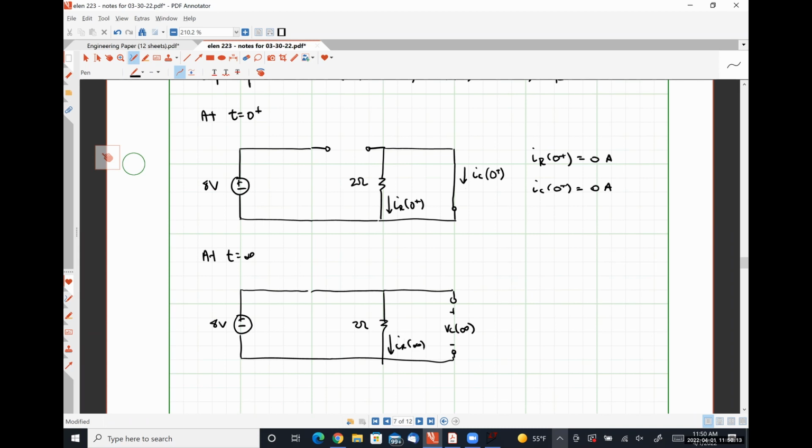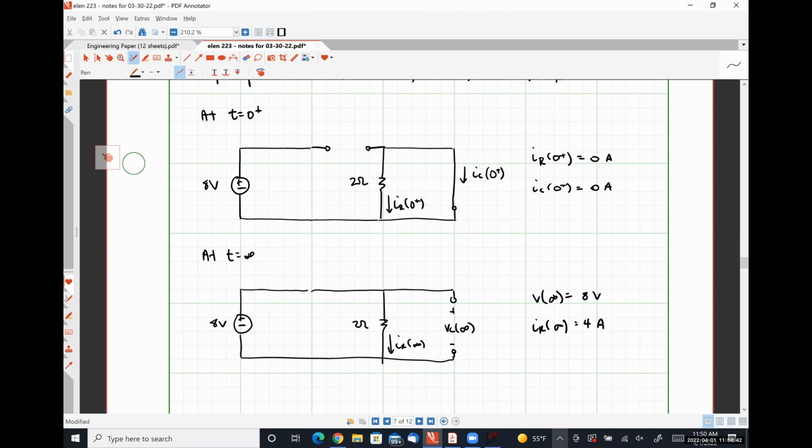And then here's IR at infinity. What are the values here? Absolutely right. So V at infinity is 8 volts. IR at infinity is obviously 4 amps.